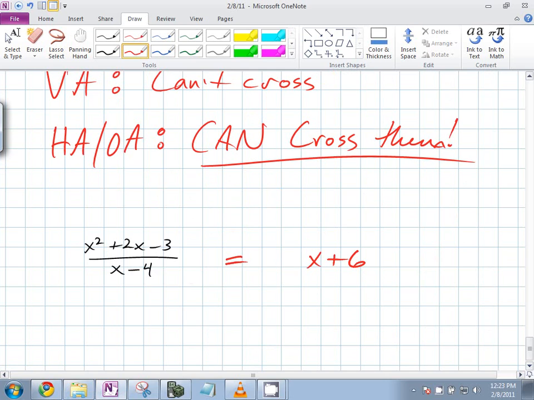If they intersect, they have a common solution. The graph of a function is the set of all solution sets. So where two graphs intersect is where the common solution is. How do you solve this? There's no trick involved. What do I do? Yeah, so you have x squared plus 2x minus 3 is equal to x plus 6 times. Yeah, and what do you have to do now?